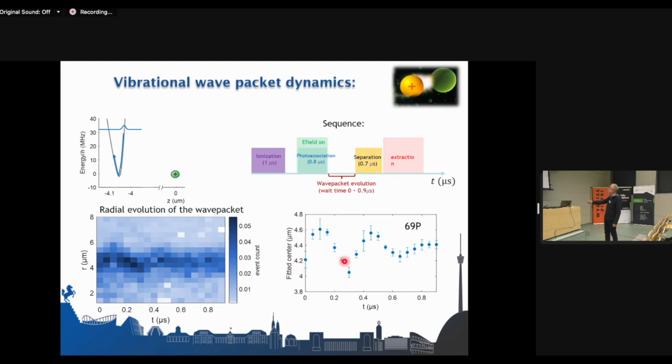Then you can see that we can observe the vibrational oscillation of that Rydberg atom around this minimum of that potential energy surface. And you see maybe one or two excitations here, oscillations. Everything happens, by the way, on the time scale of 1 microsecond.